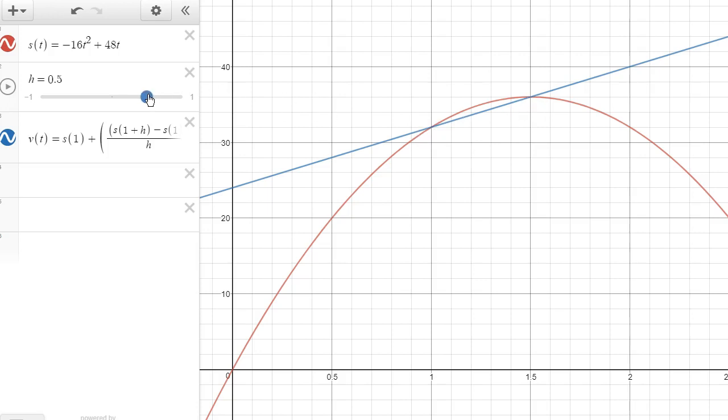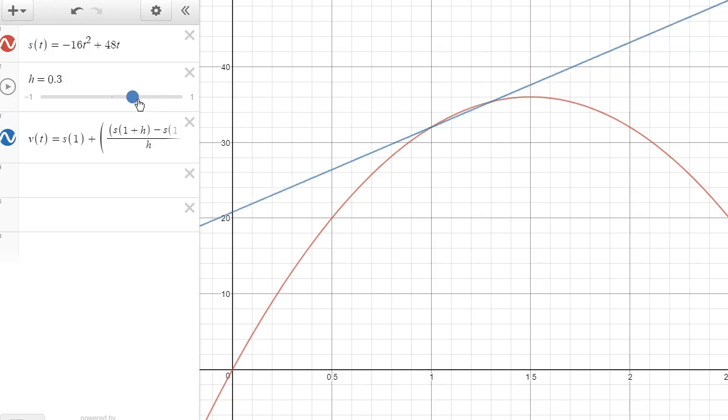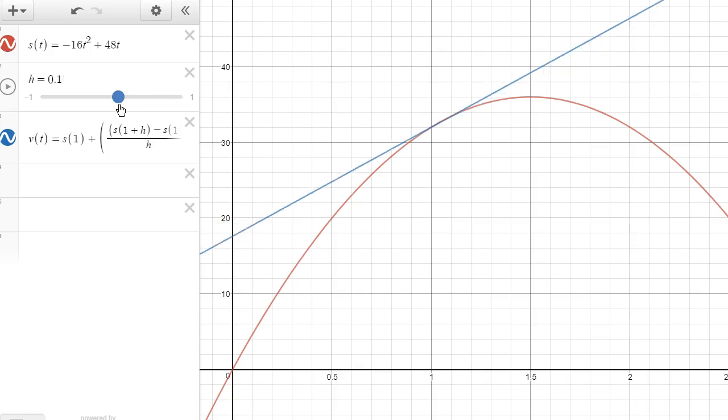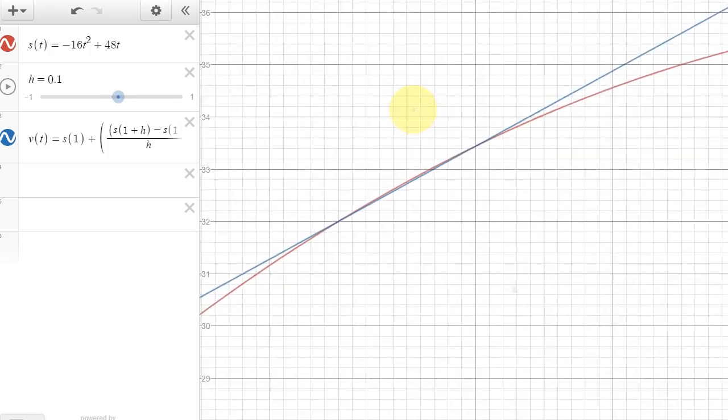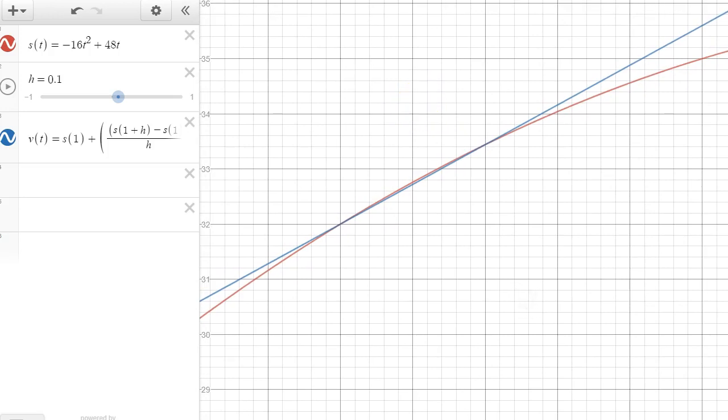But then as h gets smaller and smaller, we can see that the slope of it, the change in y from one point here to another point, divided by the change in t, gets closer and closer to being like the slope of this line. Now it's not exact. I can zoom in some more here to look even closer at this thing.